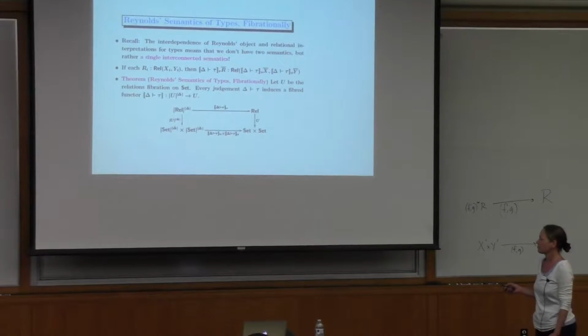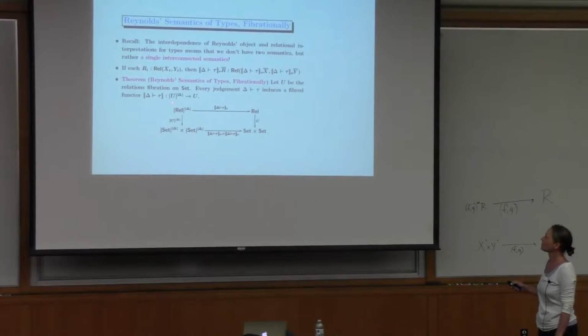So why is this statement saying that? Well, okay, what have I got? I should have a relational interpretation of tau, and I should have object interpretations of tau, but remember that the relations fibration is over Set cross Set. So here's U, going from Rel to Set cross Set.